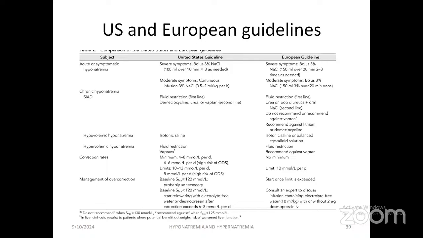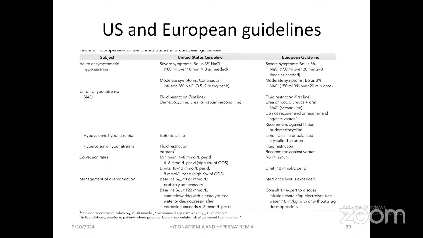If the patient has moderate symptoms, according to US guidelines, a continuous infusion of 3% NaCl is given at a rate of 0.5 to 2 ml per kg per hour. In European guidelines, we give a bolus of 3% NaCl 150 ml over 20 minutes, and that is given only once.